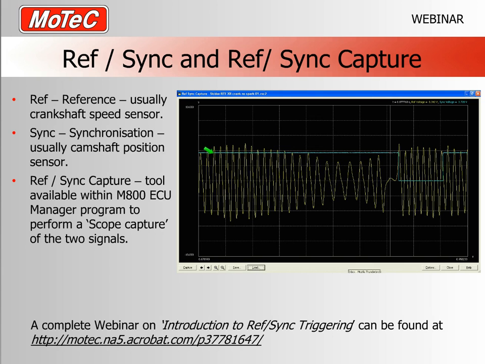And our second signal here, the sync signal, is basically a voltage level which at this point here is switching down to 0 volts. And then at this point here, it switches back up to a high voltage. So the point of this Refsync capture is that in one screen, we can see both of these critical sensors, and we can determine, amongst other things, what type of sensor they are.